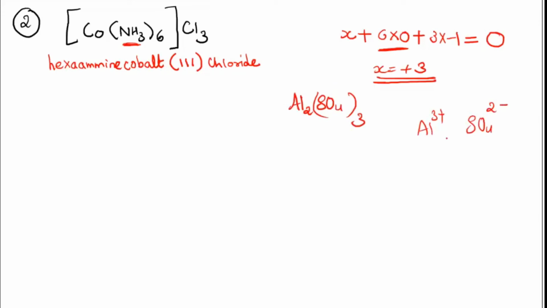So when you cross the valency, you get Al2(SO4)3, correct? So do we call this dialuminium trisulfate? No, right? You call this aluminium sulfate. So that's the reason. Why? Because the valency of the aluminium is satisfied by the sulfate ion. So even here, the charge of this coordination sphere, which is plus 3, is satisfied by these 3 chloride ions.